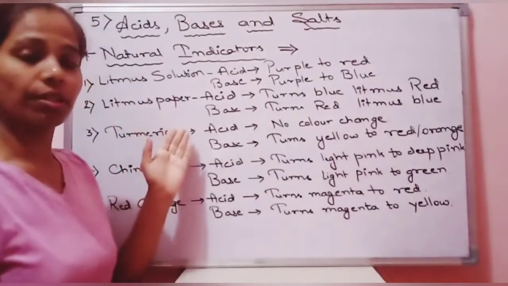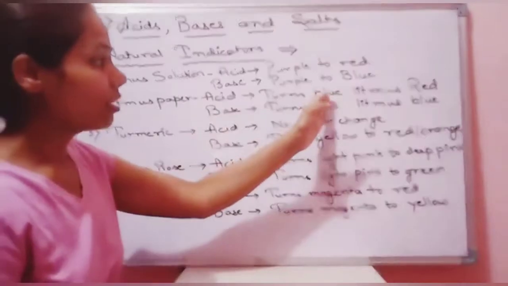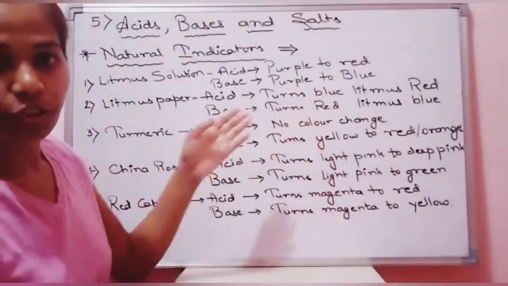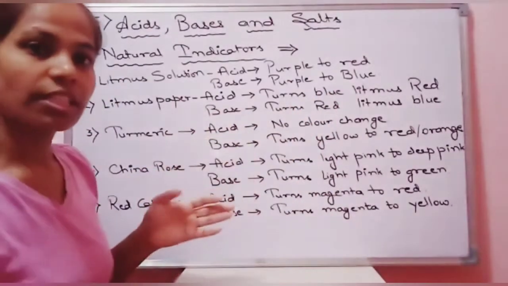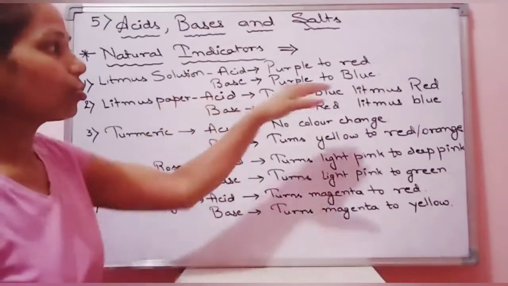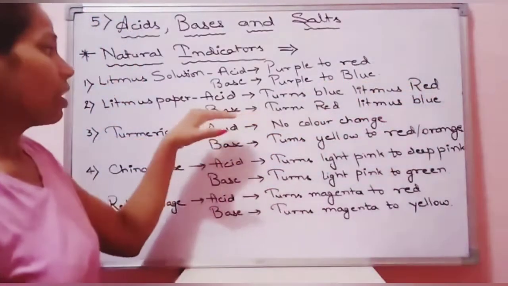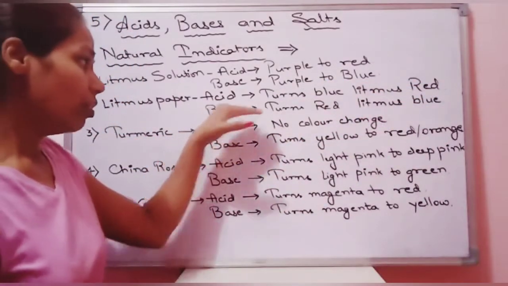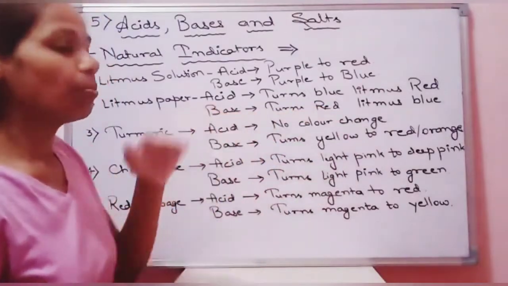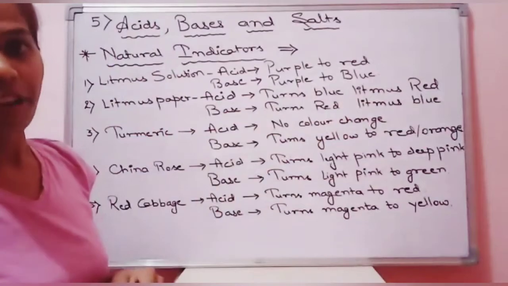Whereas the litmus papers, which are found in two different colors, red and blue, fine, also give different results. When you dip it in the acidic solution, the blue litmus paper will turn red, whereas if the red litmus paper is dipped in a basic solution, it will turn blue. Fine, children?